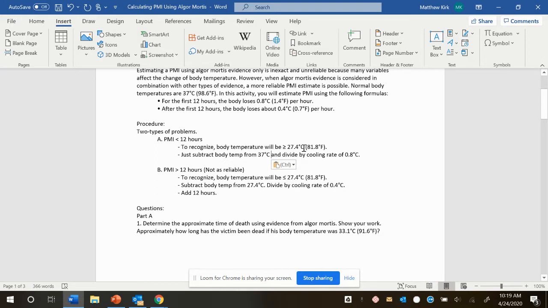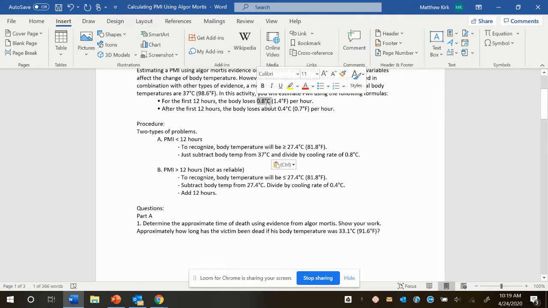And again, a little extra information here. You're wondering how I got that number of 27.4, and how do I know it's under 12 hours if the temperature is greater than 27.4? Well, a 12-hour PMI times that initial cooling rate of 0.8 Celsius gives me an answer of 9.6.